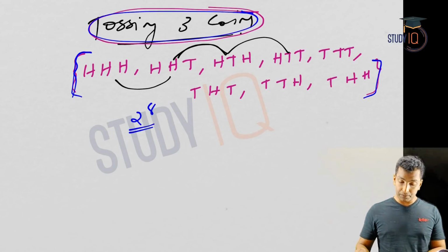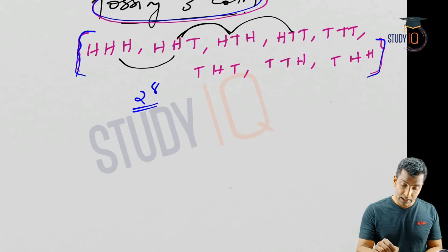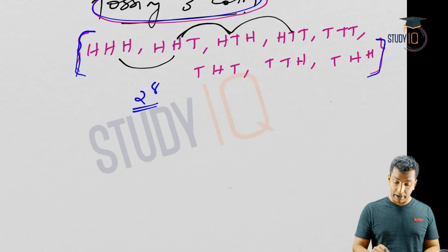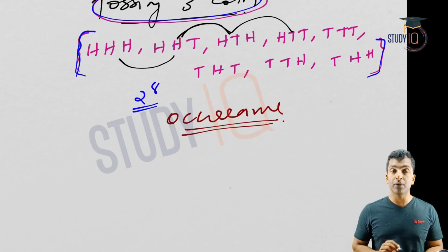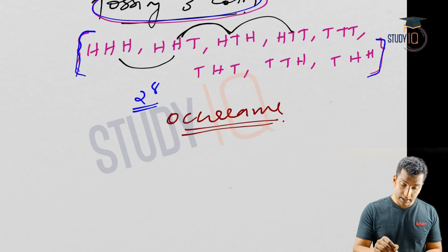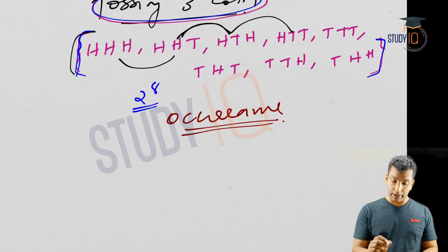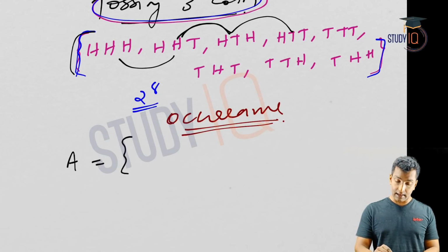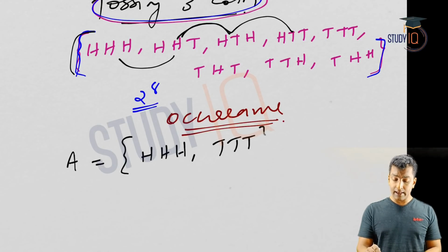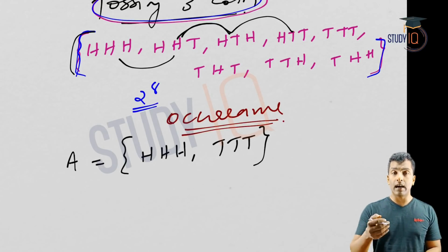Okay, now in this session we need to start off with this concept. What do you mean by occurrence of an event? See, occurrence of an event is what we need to understand. So if you consider this very same case, tossing 3 coins, and one of my events is like this. I define A as H, H, H and T, T, T. That is, all the outcomes are the same.